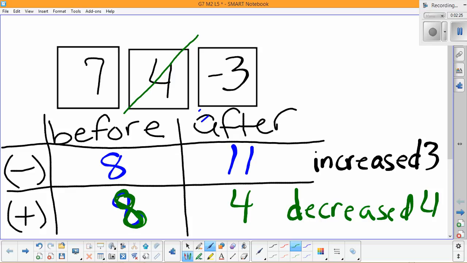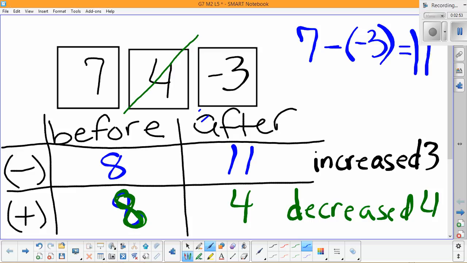So what you notice is that it is the opposite. In fact, subtraction is the opposite of addition. If I were to write in blue the subtraction sentence, 8 take away a negative 3, I will get 11.